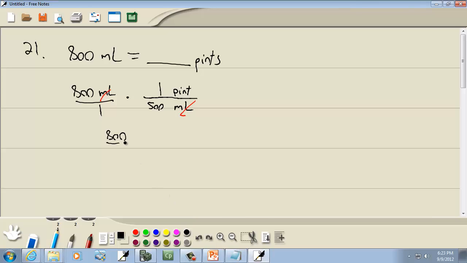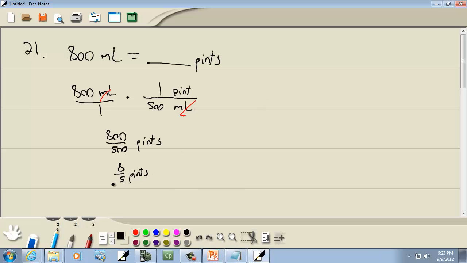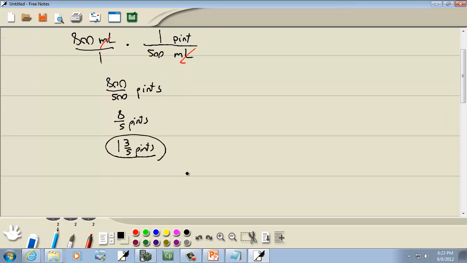And I got 800 over 500 pints, which both of those divisible by 100, so it becomes 8/5 pints. And up here it tells us pints is use fraction, so it'd be 1 and 3/5 pints. If the instructions in the homework actually say to write in decimal, though, put in decimal.